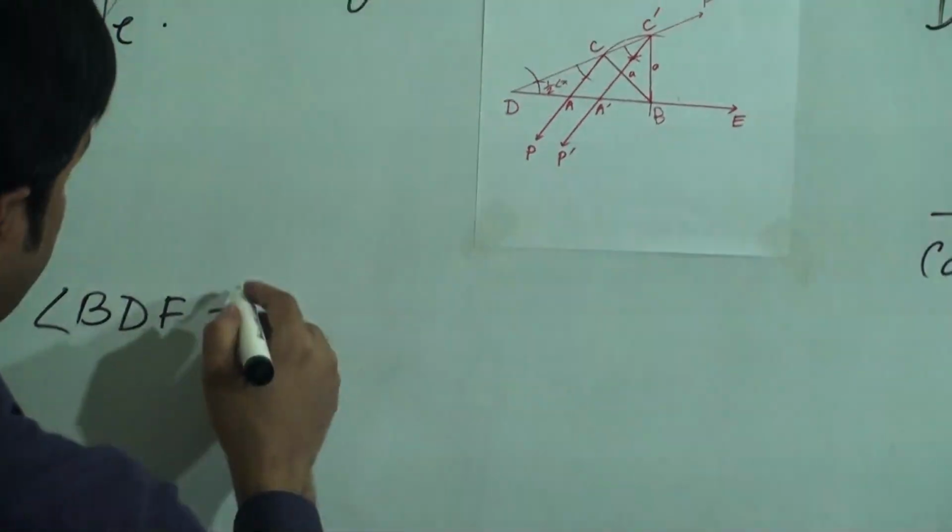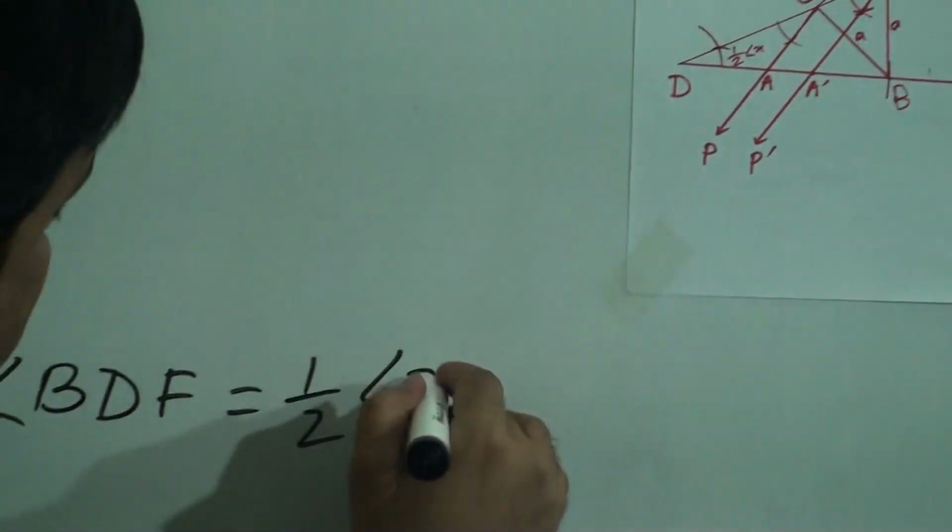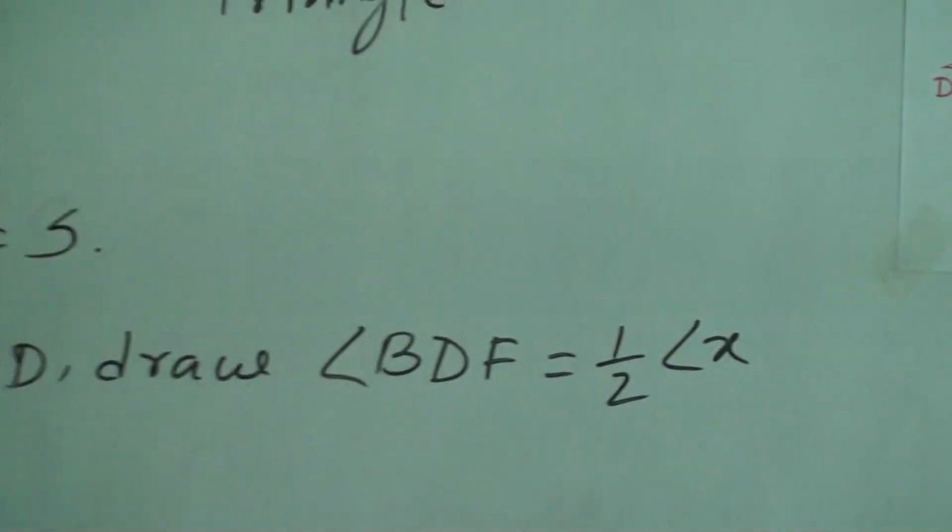BDF means half of angle X. It means the angle which is given here.